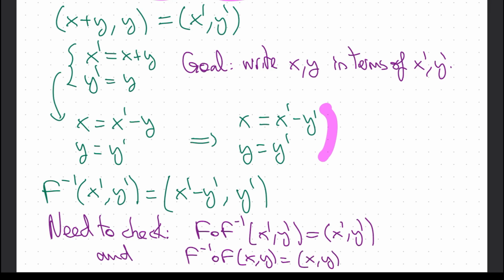So those are the two things we need to check. I'm going to check one of them. The other one is basically a very similar calculation, so I'm not going to waste our time doing it. But if you have a problem like this, you should check both, or at least say that you could check both and indicate how it works. So let's go ahead and calculate the first of those two.